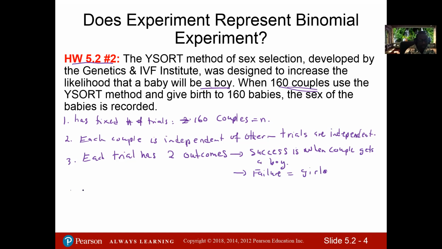And then 4, okay, the probability of getting a boy and a girl is the same, because the probability of success is not affected by the previous trial.